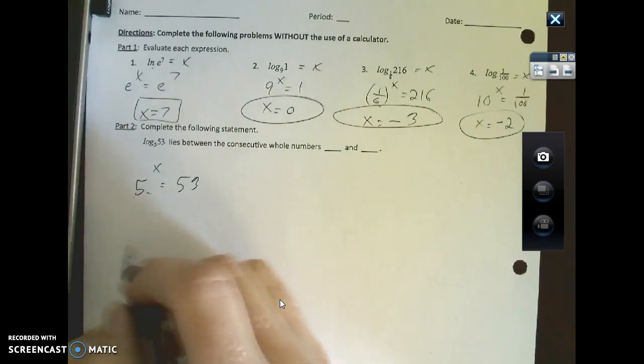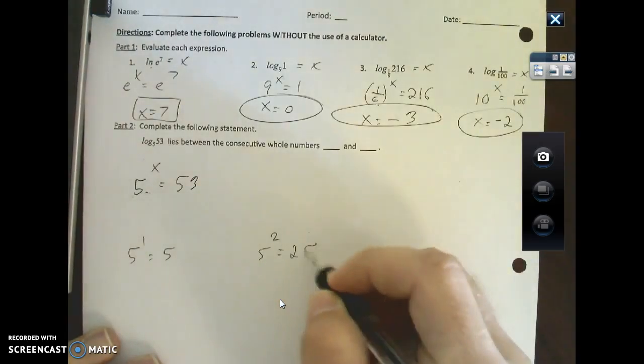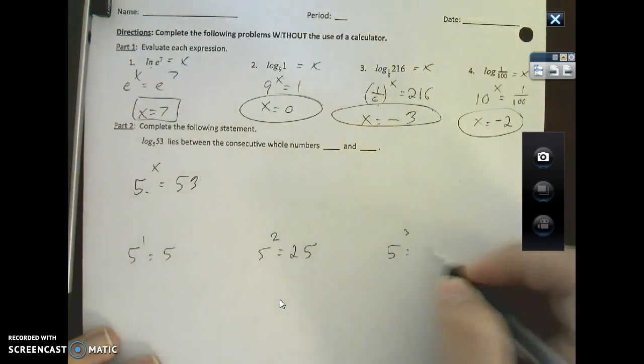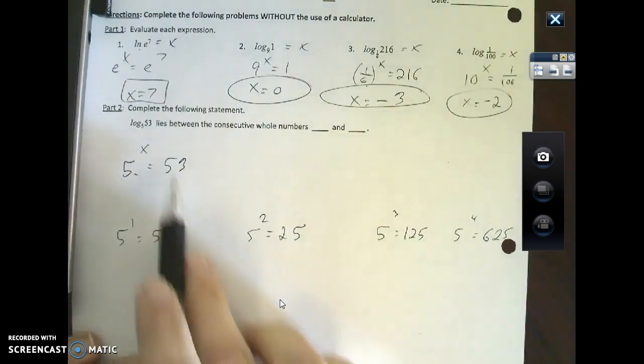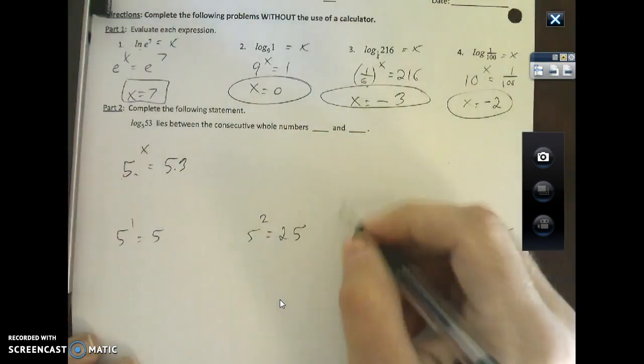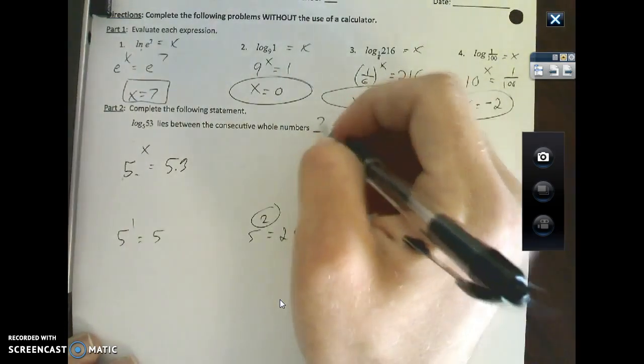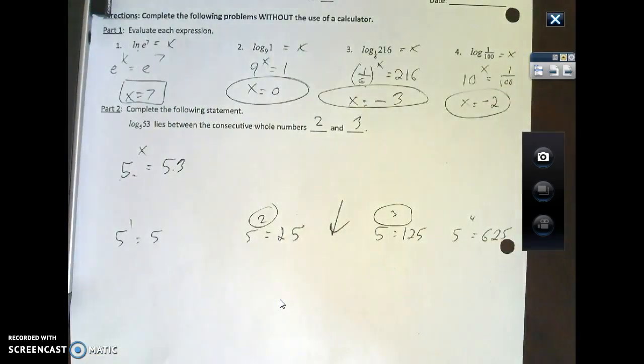So think about it. 5 to the first is 5. 5 to the second is 25. 5 to the third is 125. 5 to the fourth is, I think it's 625. What does 53 fall between? 5, 25, 125, 625. Right about here. So what whole numbers are they? 2 and 3. Done. Okay?